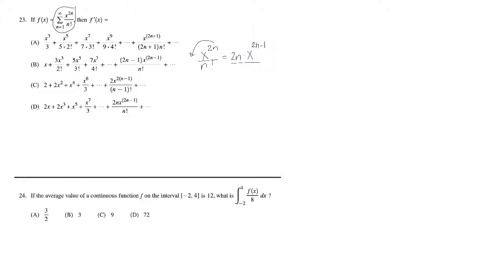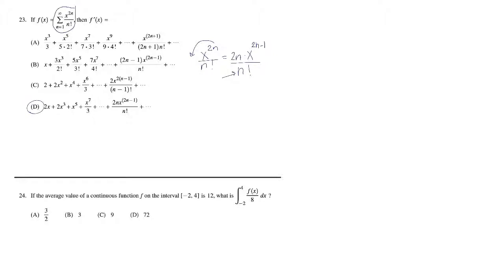And that's over n factorial because, again, that's just the denominator, just a number. It's not a variable. And if we look at our answer choices, notice that's going to give me answer choice D.